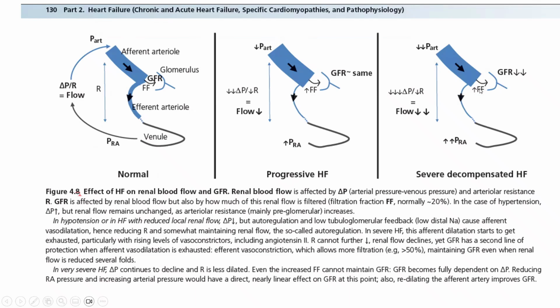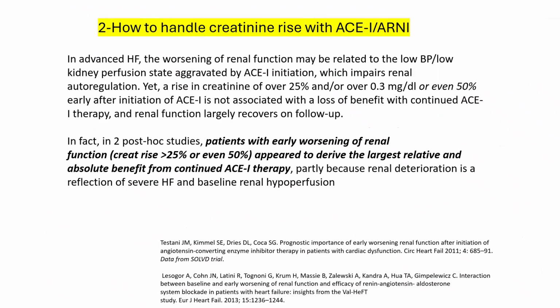It can reach from a baseline of 20% to over 50% via efferent constriction and afferent dilatation. So autoregulation is already maximized and exhausted. You add ACE inhibitor, that autoregulation gets overwhelmed and the GFR drops.